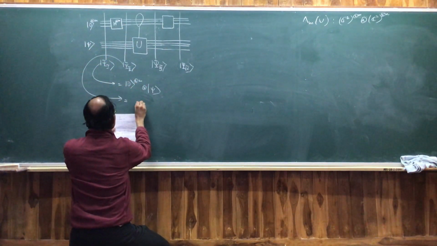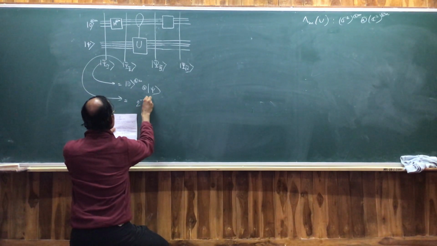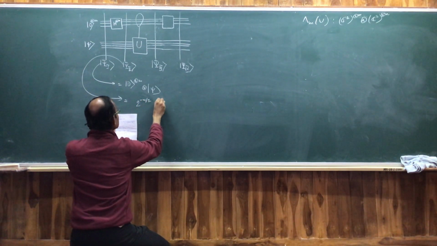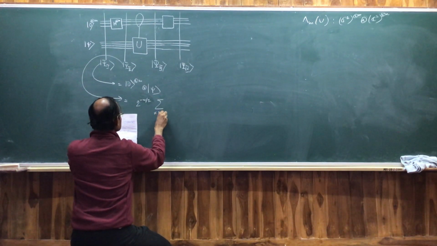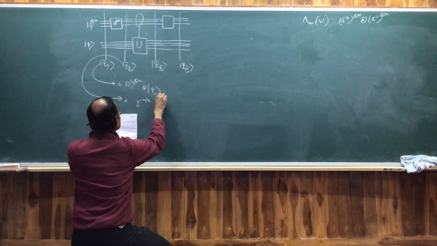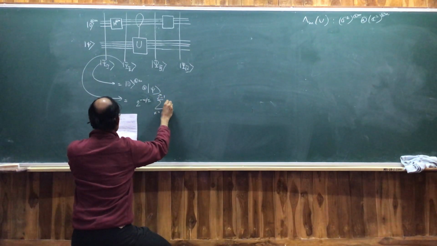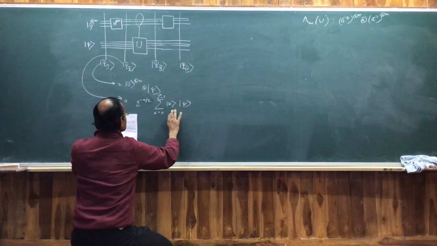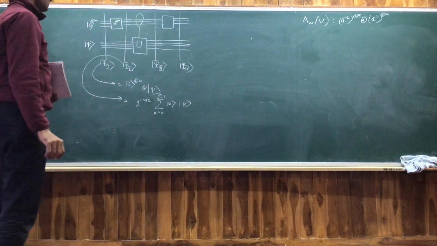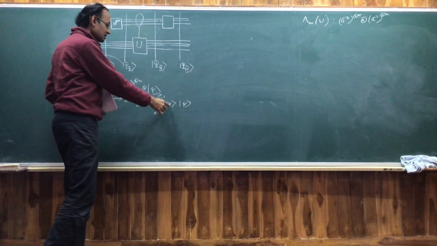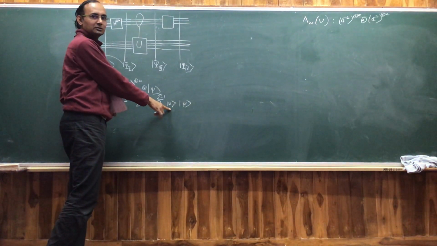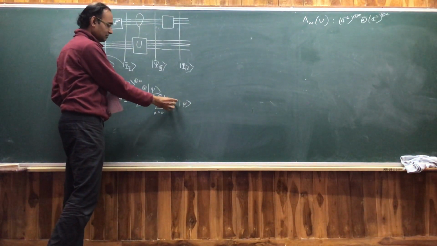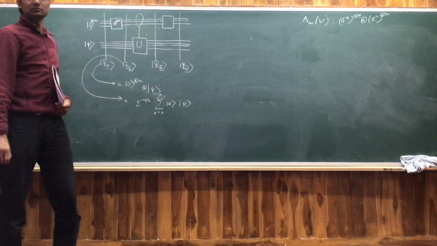We will write it as the sum of all combinations of bits, this k, and then you make the qubit out of it.